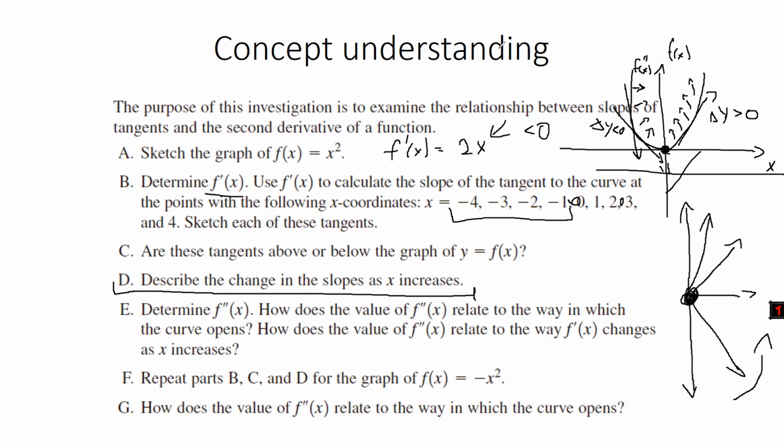But it's not exactly what was changing in the slope. It's not becoming less steep and then more steep again. The slope is actually moving towards its positive value. Because if you substitute, for example, -4 into this equation for the first derivative, you're going to get -8. That -8 is the slope of a tangent line.